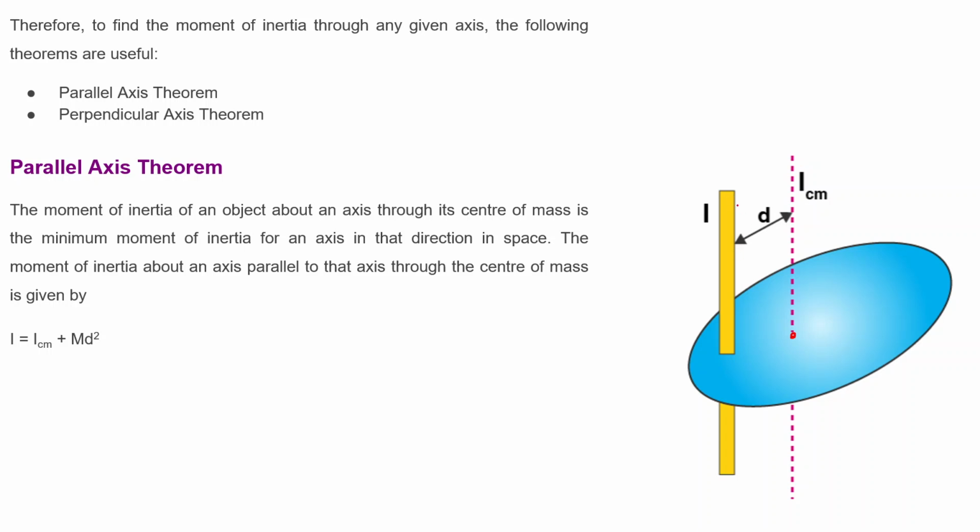If I want to find the moment of inertia for the same object corresponding to this other axis, which is also perpendicular but not passing through the center of mass, and is at some distance d from the center of mass, then how can I calculate this? The moment of inertia about the center of mass axis is ICM, plus the mass of this object, m, multiplied by this distance d square, will give me this I. This I is corresponding to this axis. This is what we mean by the parallel axis theorem.